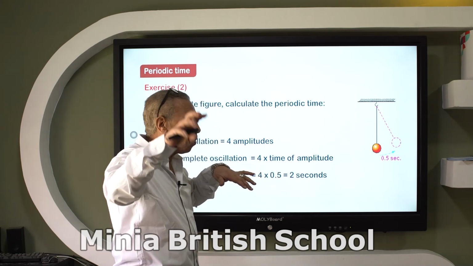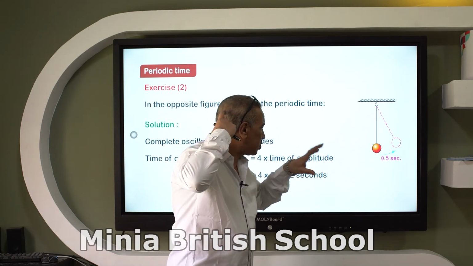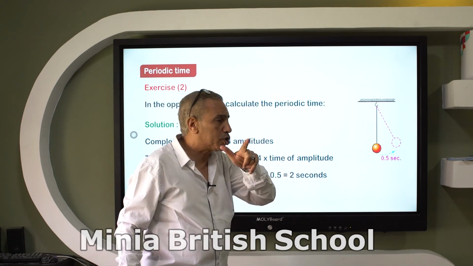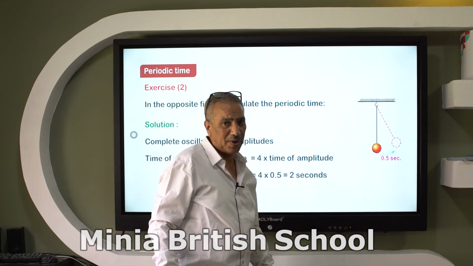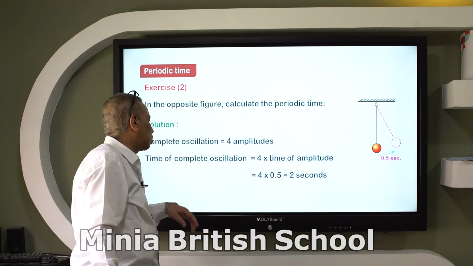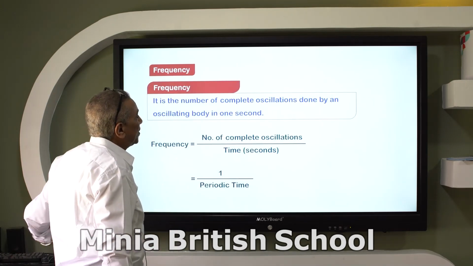To make one complete oscillation, 4 displacements, each displacement, each amplitude, 0.5 seconds. So it's 4 times 0.5 equals 2 seconds.